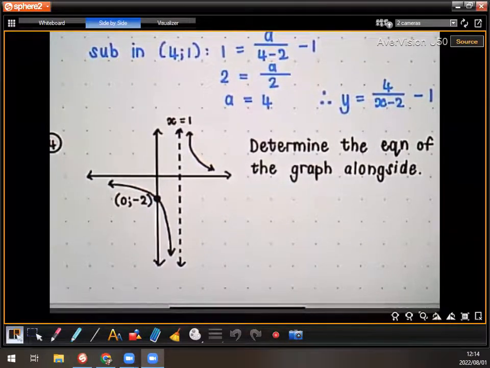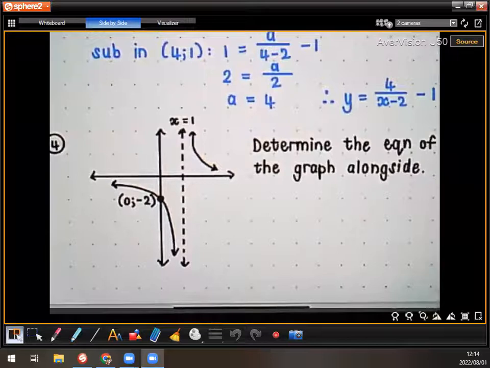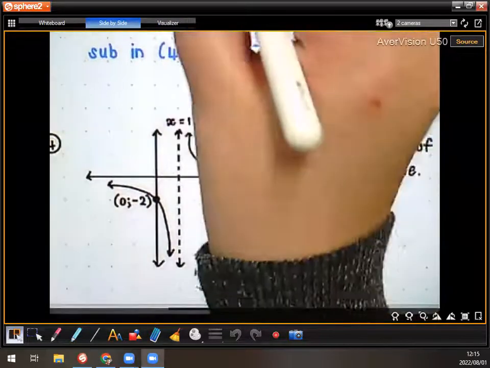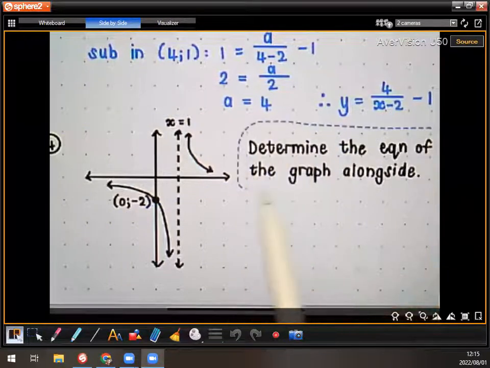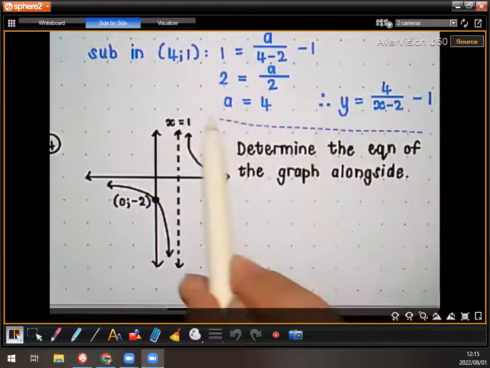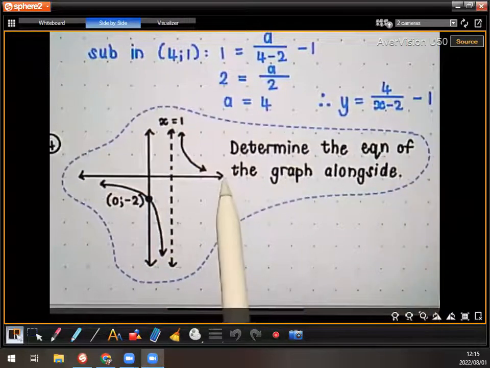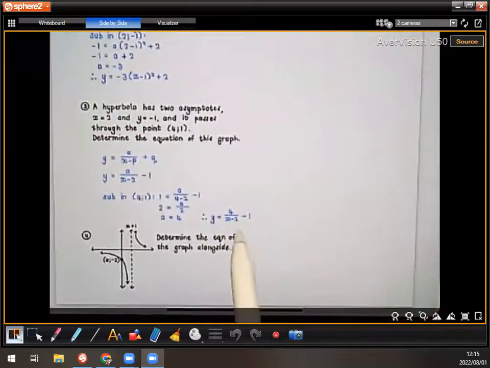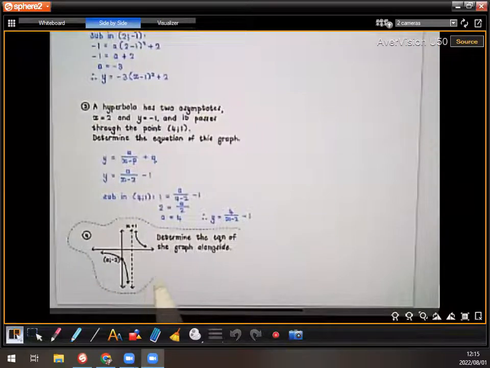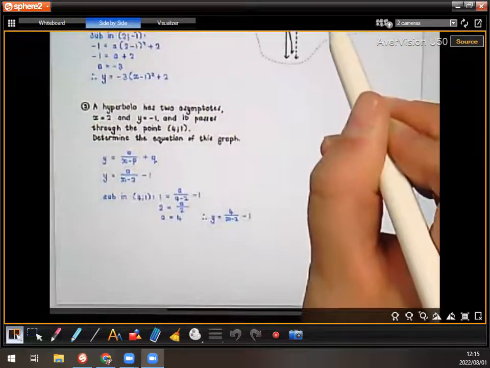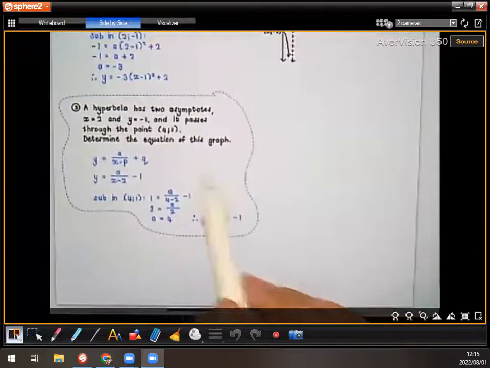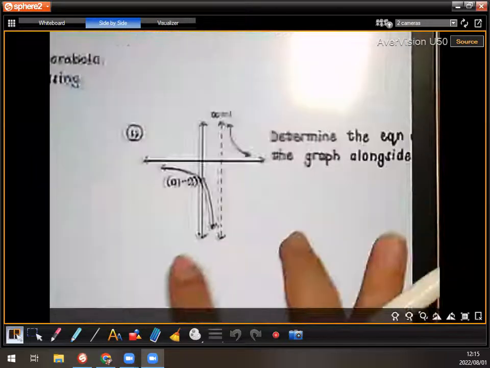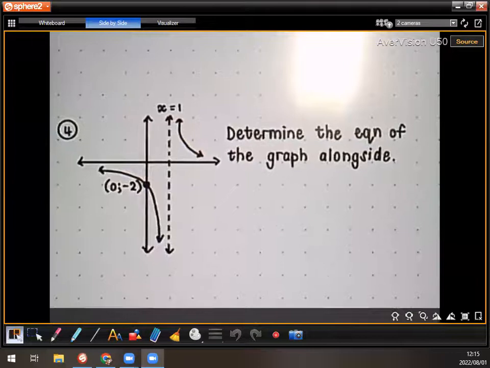I'm just writing EQN for equation. Okay, guys, what kind of graph is this?